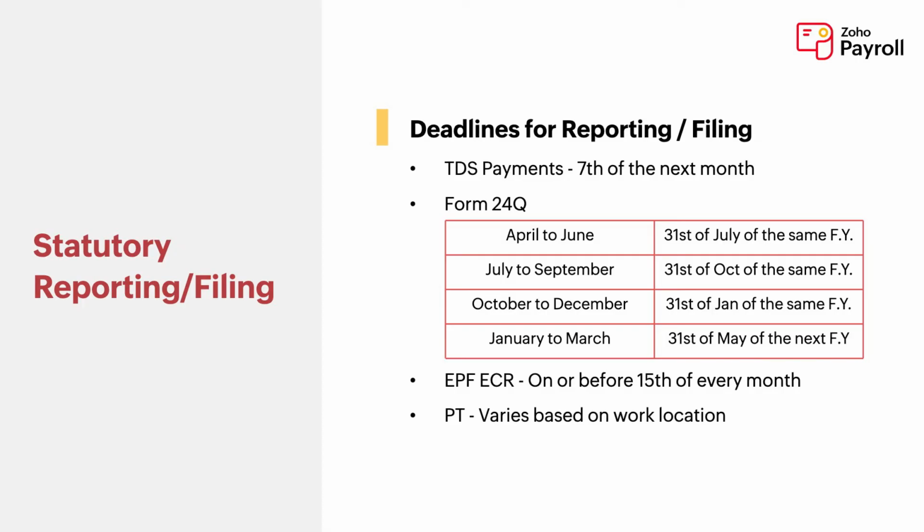And in terms of EPF ECR, the deadline would be 15th of every month. And for professional tax, it will vary based on the employee's work location. So that is about the deadlines for reporting and filing.